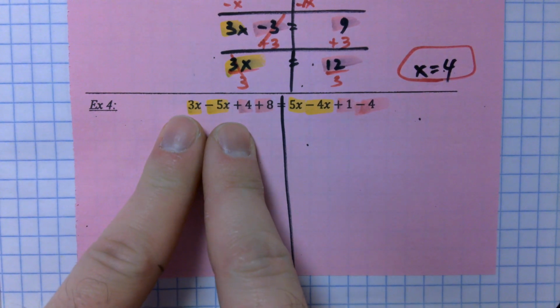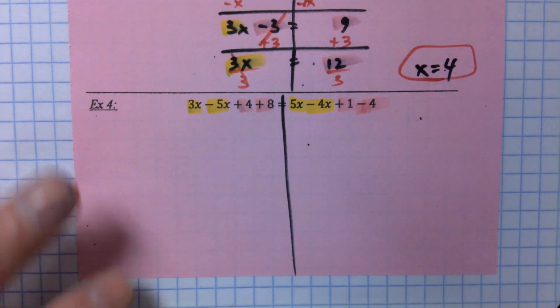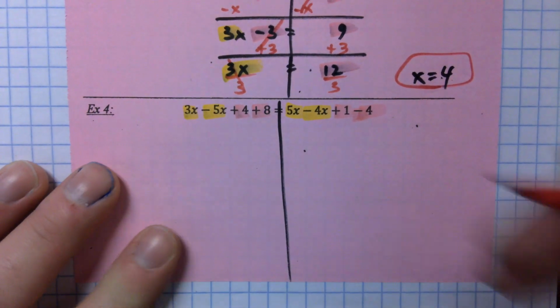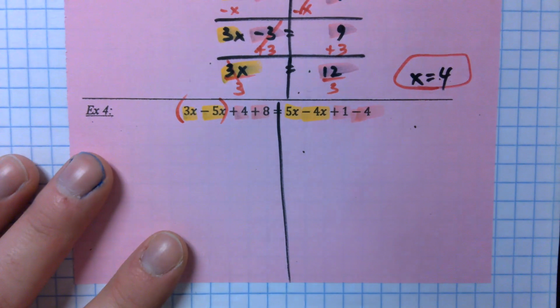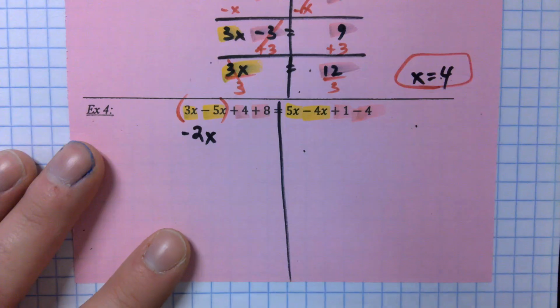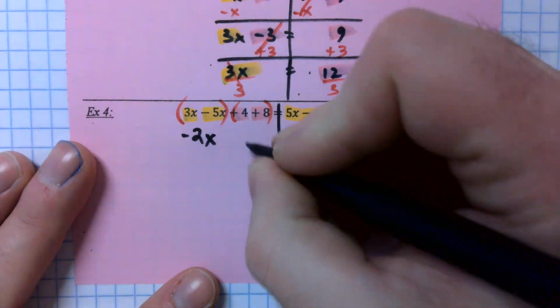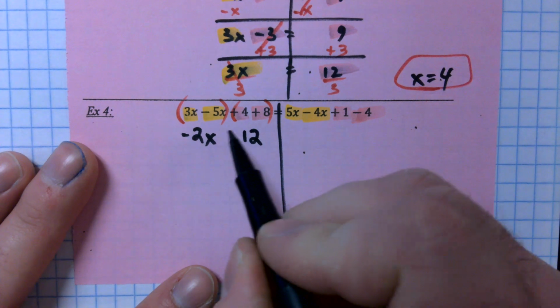Over here, what are some things that I can combine together on the left? 3x minus 5x. That gives me -2x. Can I combine anything else on the left? Yeah. What's 4 plus 8? 12. What should go in between these two?